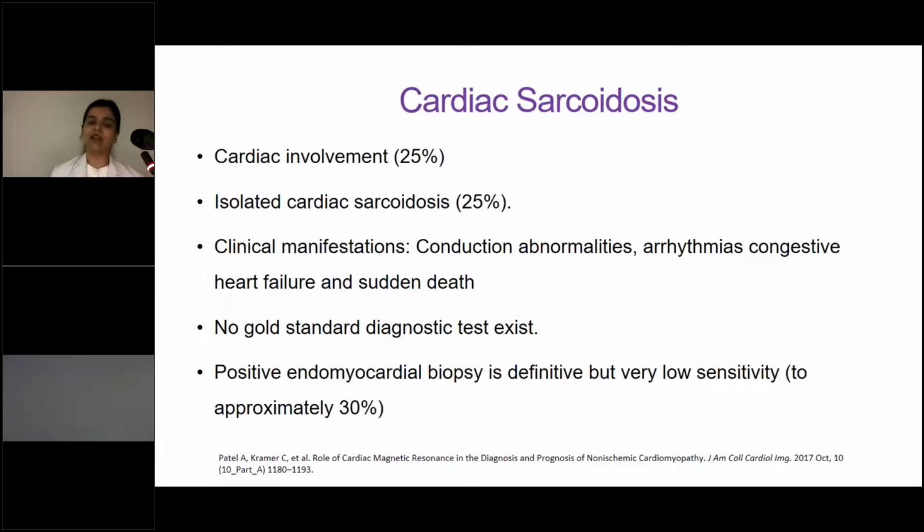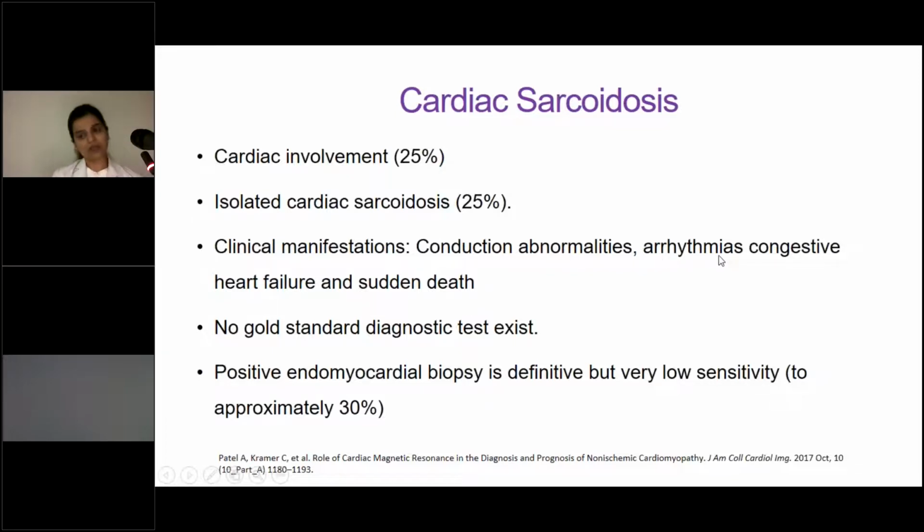Also, in a number of autopsy studies, isolated cardiac sarcoidosis has been found to occur in 25% of all cases of cardiac sarcoidosis. Now, in this disease, there is granulomatous infiltration of the heart, which can lead to an array of clinical manifestations, depending on the number and location of the granuloma and the extent of involvement of the heart, with the most common clinical manifestations being conduction abnormalities and arrhythmias.